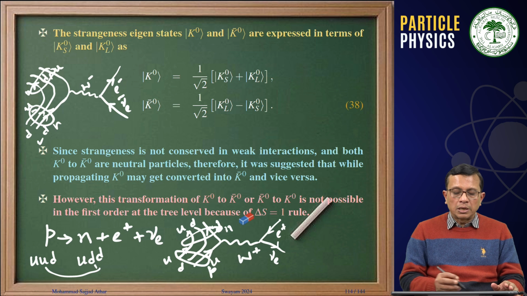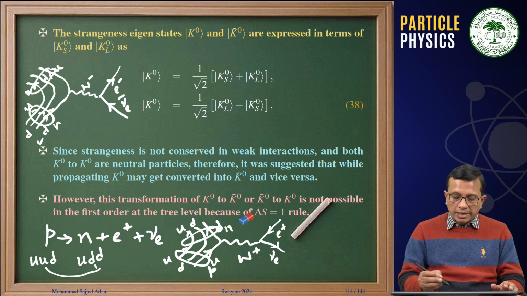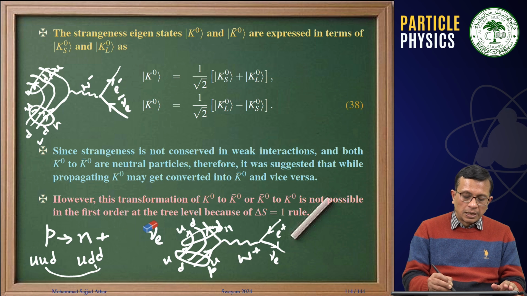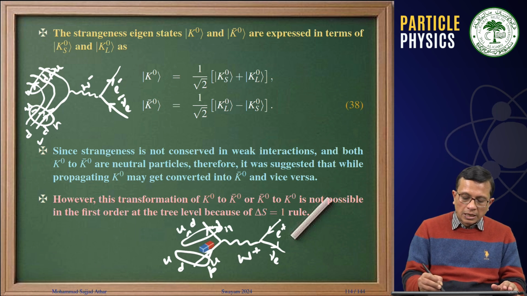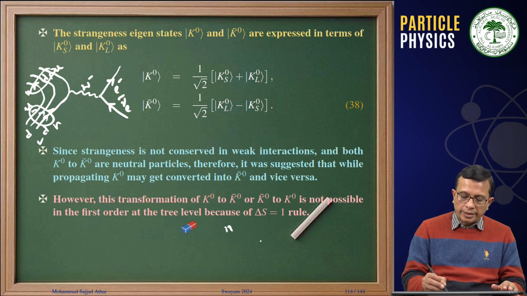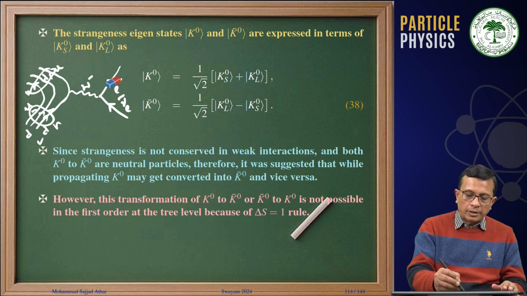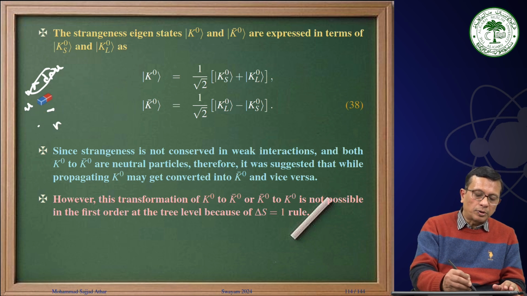Now, this is about the non-strange particles. But if we talk about strange particles, we will discuss this at great length in the next unit, where we will have the leptonic, semi-leptonic and non-leptonic decays.